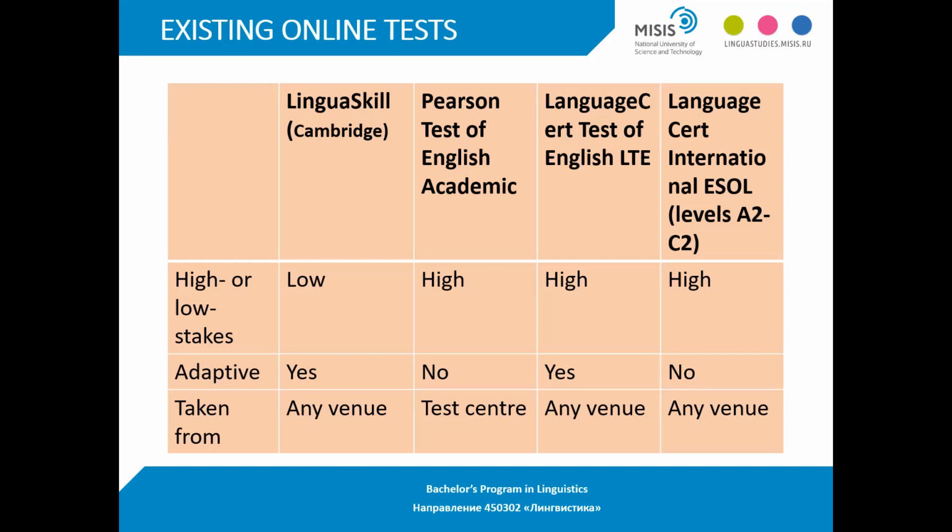Then there is a very interesting, very high stakes exam called Pearson Test of English Academic. Really a state-of-the-art exam in many ways. It is not adaptive because, again, if you remember, this is an admission test like IELTS.